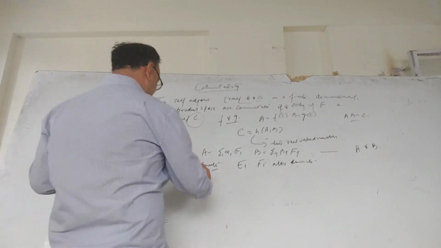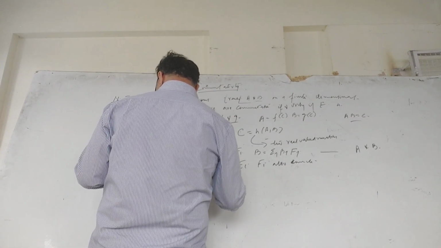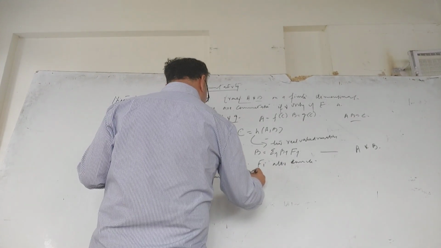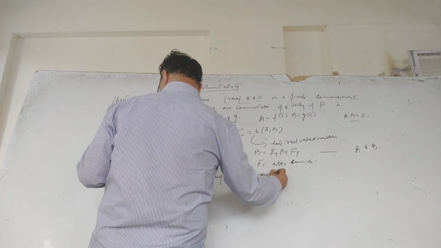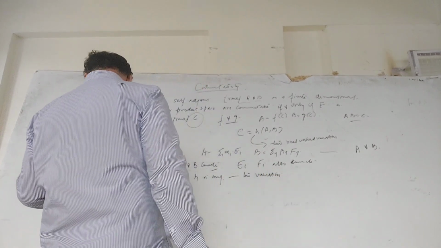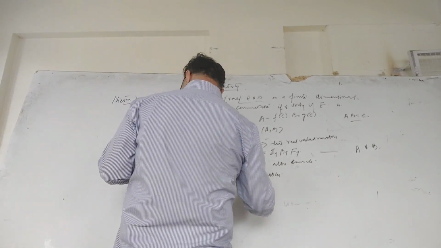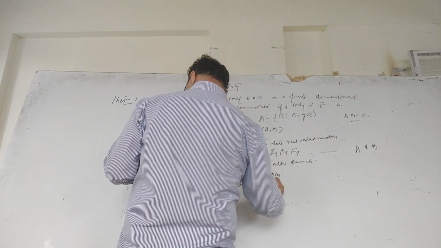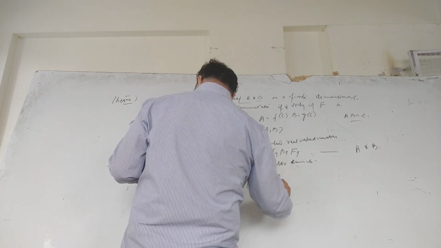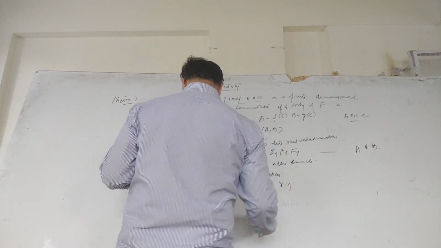So let h be any function of two variables such that h of alpha i, beta j is equal to gamma ij.